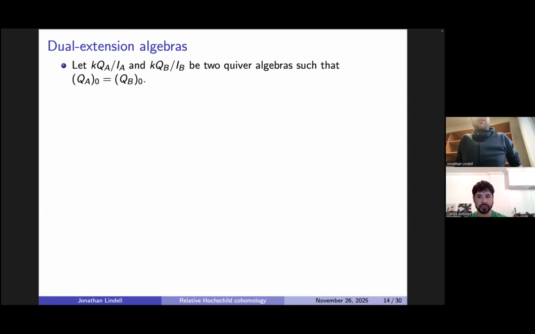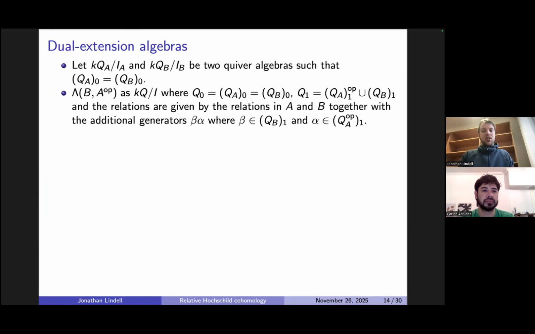So what is the dual extension algebra? These were first done by Xi. So we take two quiver algebras such that their sets of idempotents agree. Then the dual extension of B to A is given by taking the quiver where we have the same idempotents, just fixing the idempotents.